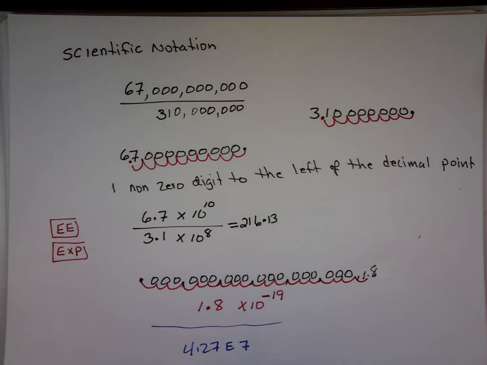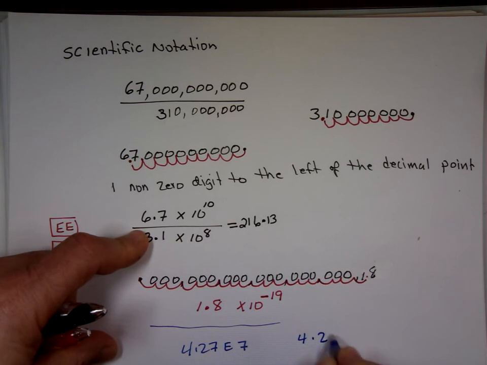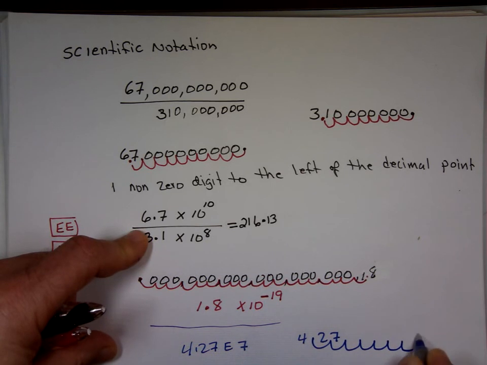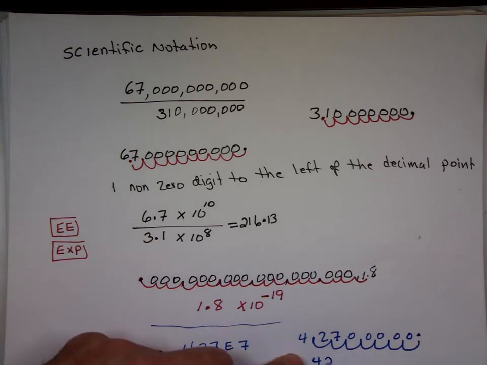So that's 4.27. Let's move this. 1, 2, 3, 4, 5, 6, 7. That's how big that number is: 427,000,000. That's what that number means. And I will stop here.